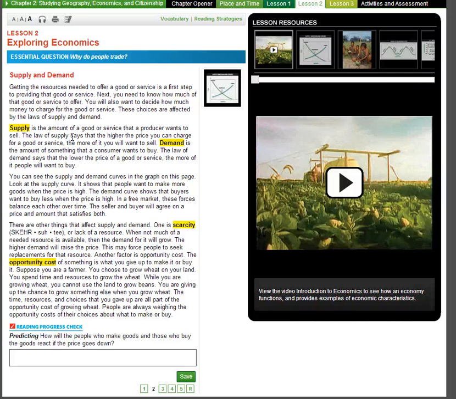And then demand is the amount of something that the consumer wants to buy. And we talked a little bit about how those impact each other. Something that has high demand but there's a low supply of it could raise the price of the item, or something that there's a lot of supply and a lot of demand. We used the notebook as an example, your spiral notebook, probably going to be a lower cost.